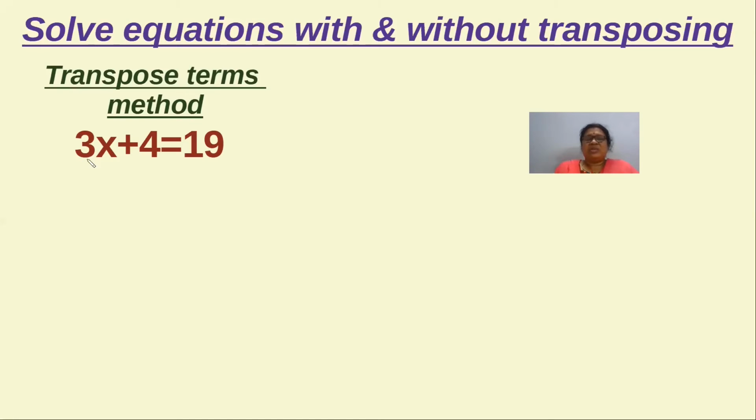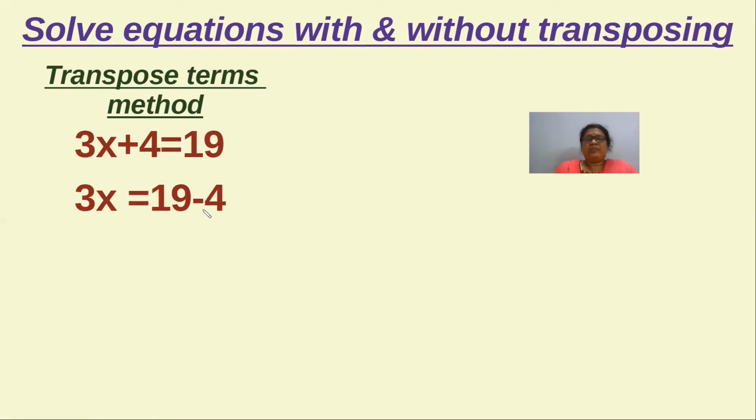When you see this equation, the 4 is a little far away from x. So first you have to transfer the term which is very far away from x. 3 is very near to x, whereas the 4 is very far away. So we will take 4 to the other side.